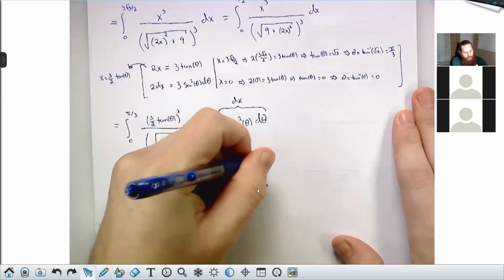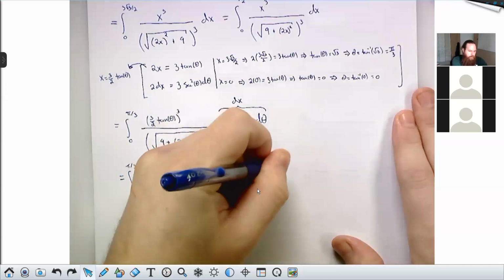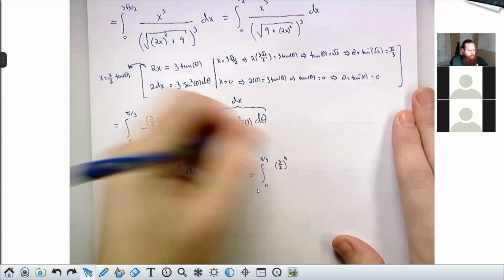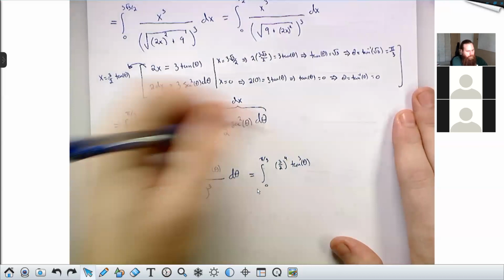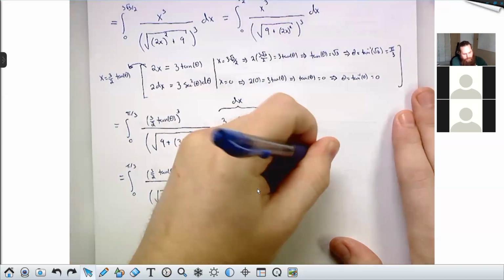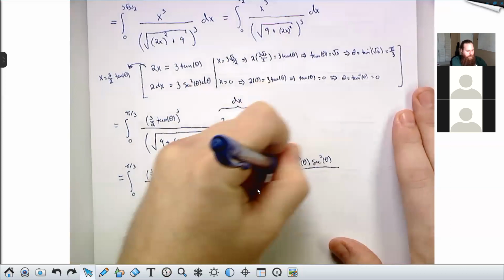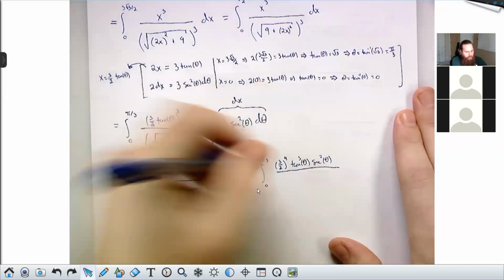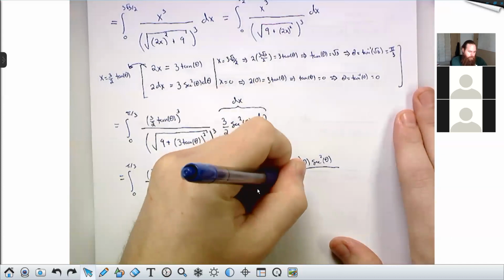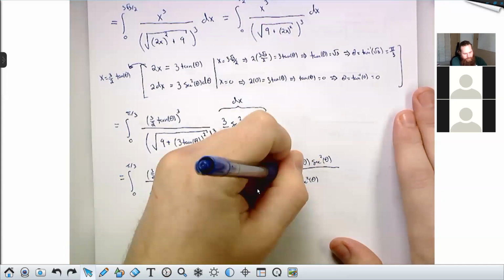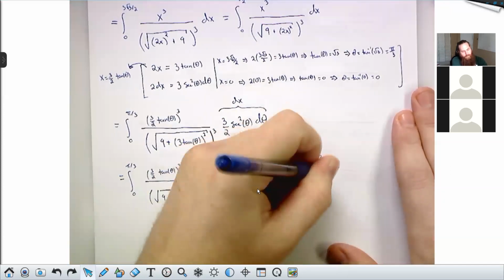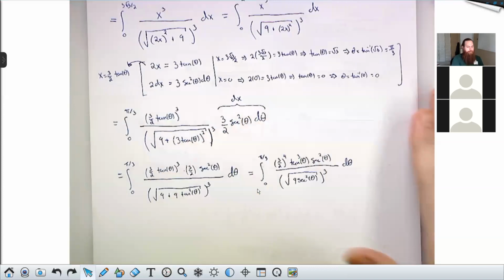So I have integral 0 to pi over 3, 3/2 to the 4th power, tan cubed theta times secant squared theta, all over. Downstairs here I will have the square root of 9 secant squared theta cubed d theta. And you can see things starting to come together.